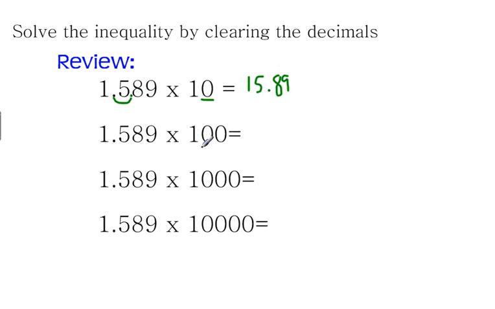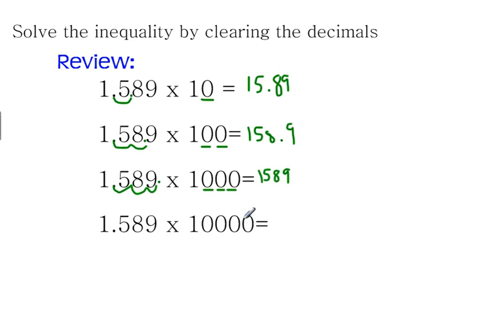So instead of getting out my calculator, you saw how long that took. I know that I'm going to have to move this 2 places. So I bet this answer is 158.9. And this next one, it looks like I'm moving the decimal 3 places, which is going to take me all the way to the end of my number. Now I've got 1,589.